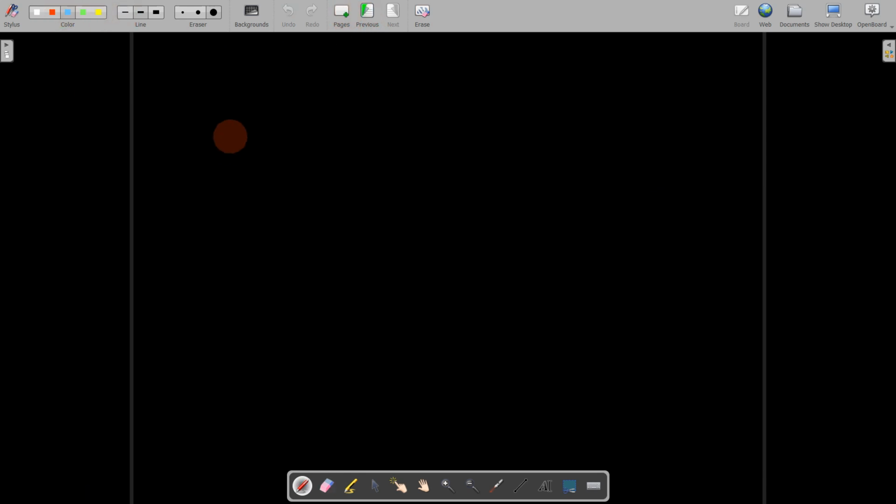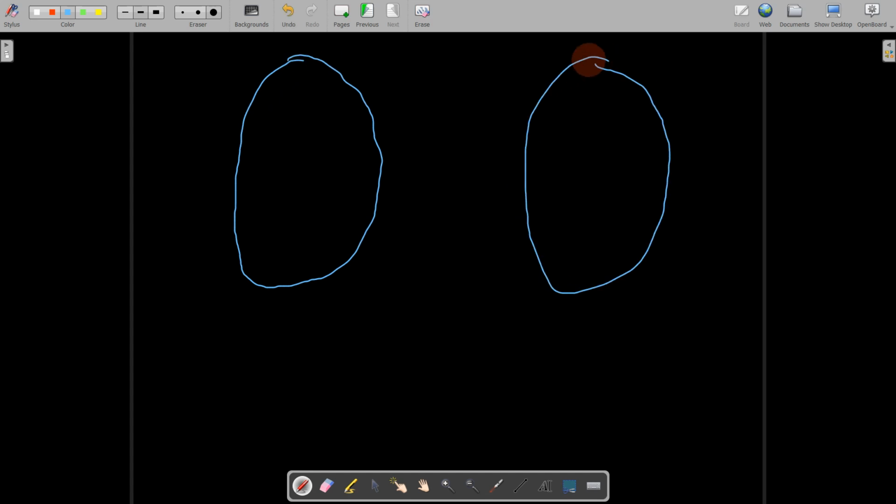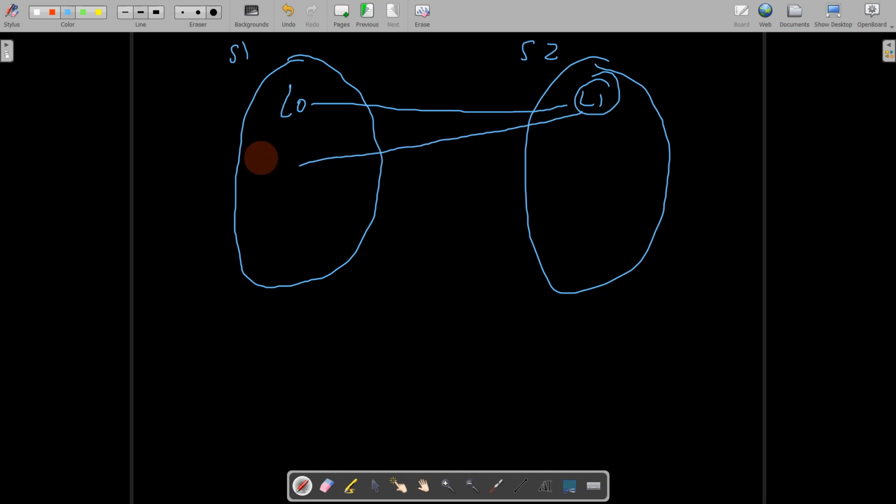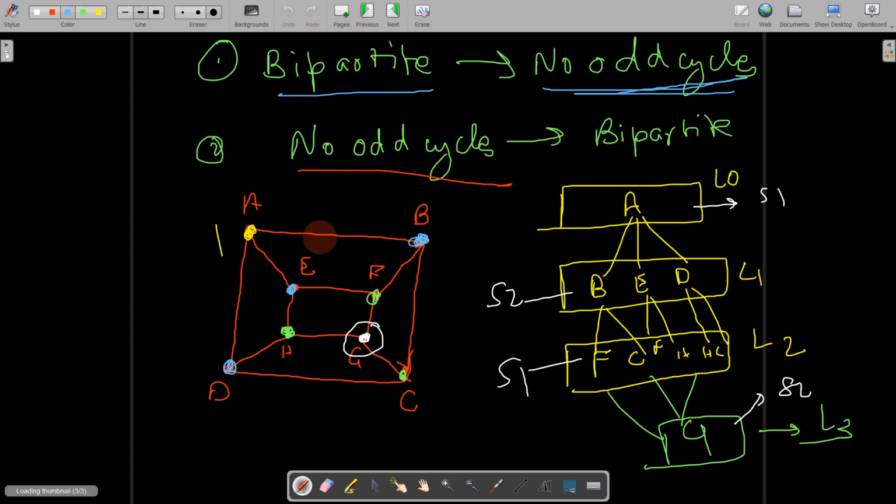Okay, what I'm saying is, we will have two sets, set 1 and set 2. We will put the level 0 in set 1. Level 0 has direct edges with level 1. Then level 1 has direct edges with level 2, right? And level 2 and level 0, the yellow and the green, do not have any edge.